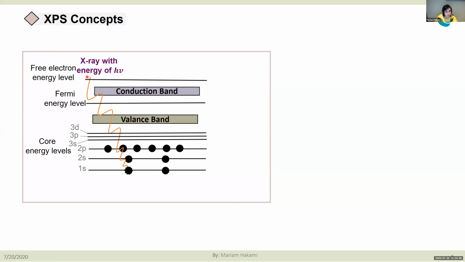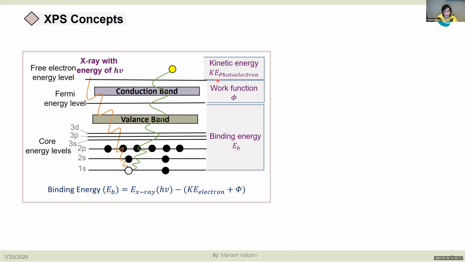First we shine an X-ray with a specific frequency, so it can excite our electron in the core level, and when it gets excited, it is released as a photoelectron with kinetic energy. Here we call this the binding energy, and here the work function, which is different for each element in the periodic table. And then here the kinetic energy, or the extra energy that the electron has after it gets released.